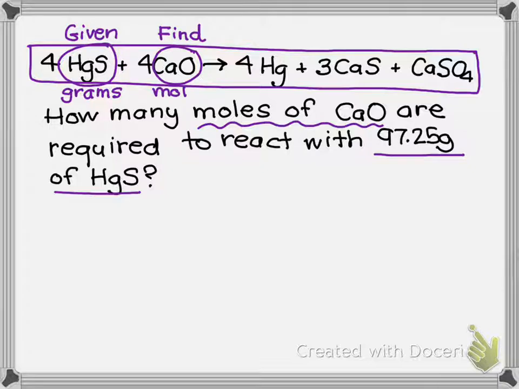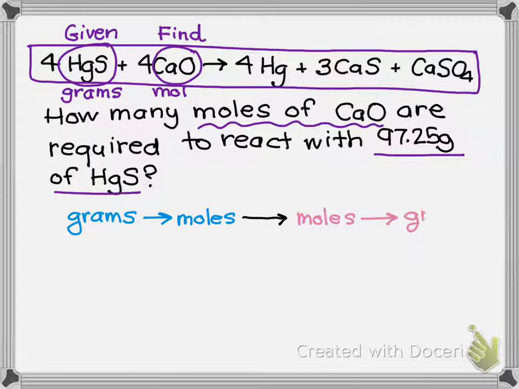So let's just review the general process that we go through to get these answers. You're either given grams or you're given moles. So the blue I'm using is what you're given. And then you kind of cross over into what you're trying to find, and you're either going to try to find moles, and the pink are what we're trying to find, or you're going to try to find grams.